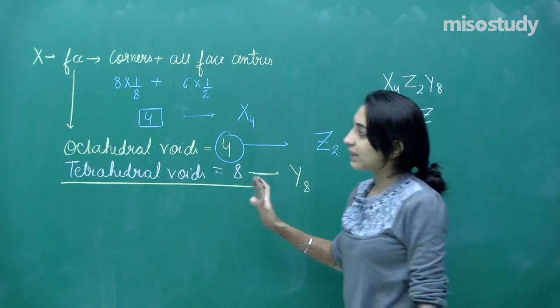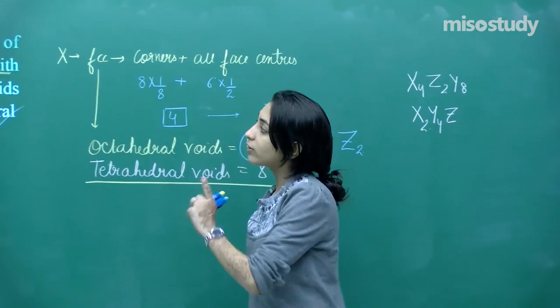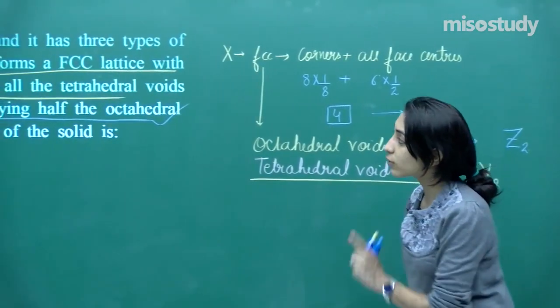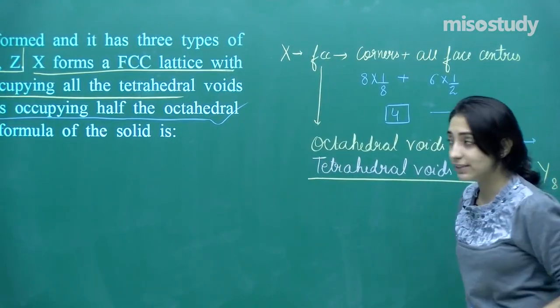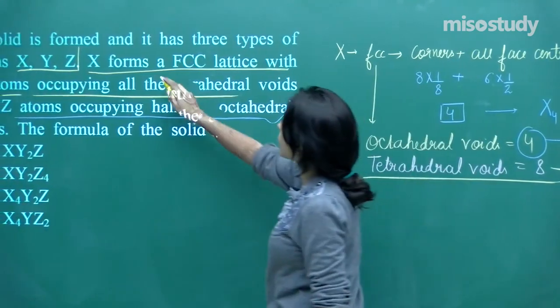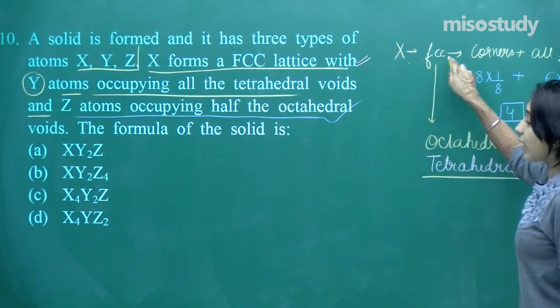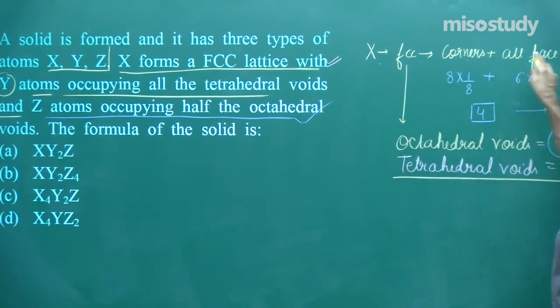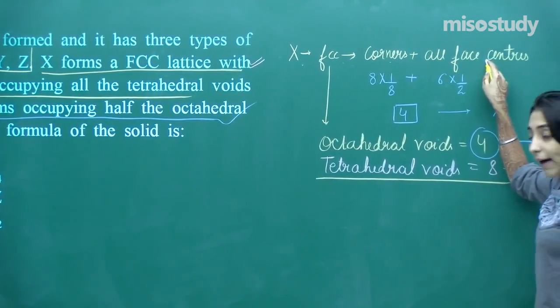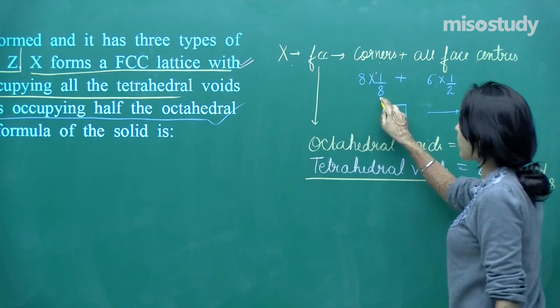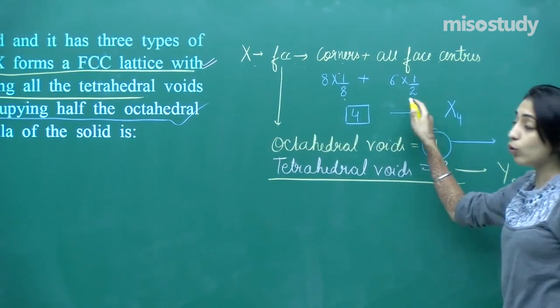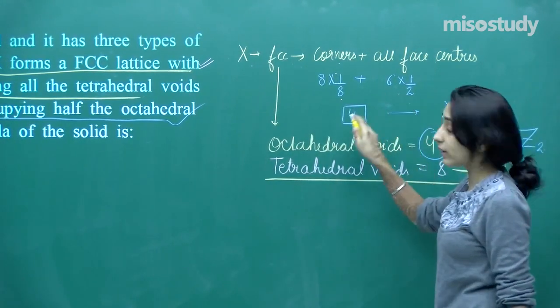So let's just read the question once again. A solid is formed and it has 3 types of atoms, X, Y and Z atoms. X atoms are forming face-centered cubic unit cell. So X atoms FCC, that means corner plus all the face centers. That means 8 into 1 by 8 plus 6 into 1 by 2, making it a total of 1 plus 3, that is 4.